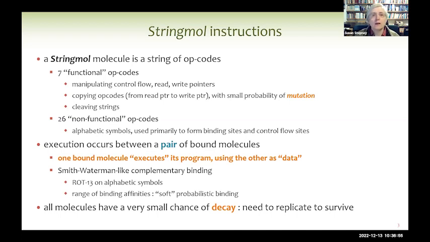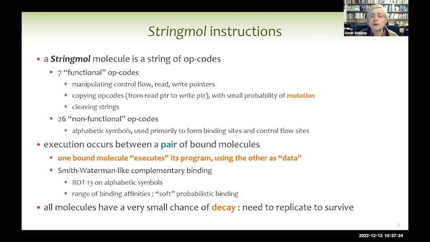And we have a Smith-Waterman-like complementary binding, so that the 2 strings can bind in a pair with complementary alphabetic characters, with a kind of ROT13 complementarity in the alphabetic symbols. And because it binds on a region rather than a single character, we can have a soft probabilistic binding. If there's a slight mismatch in the characters, then there's a lower probability of binding.